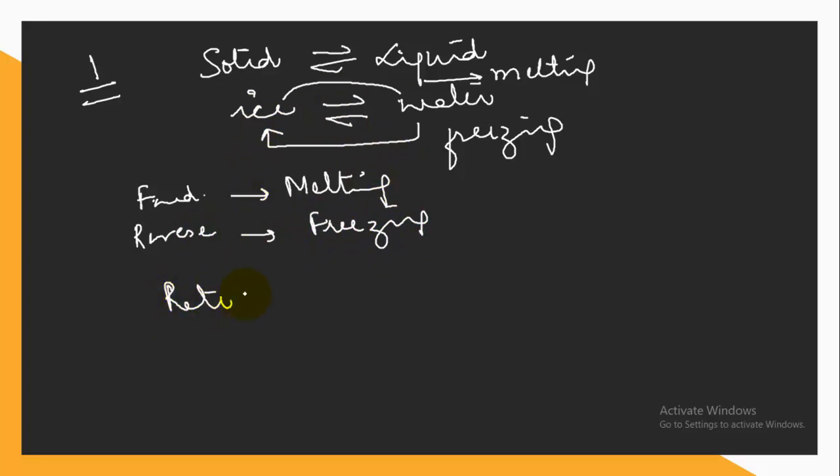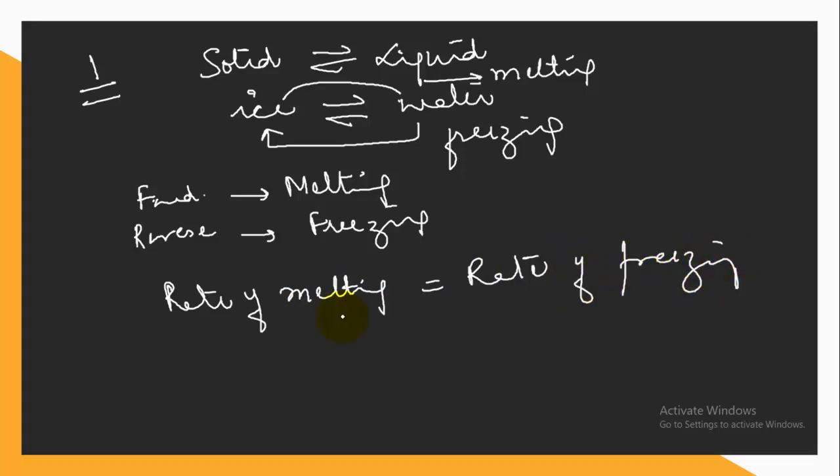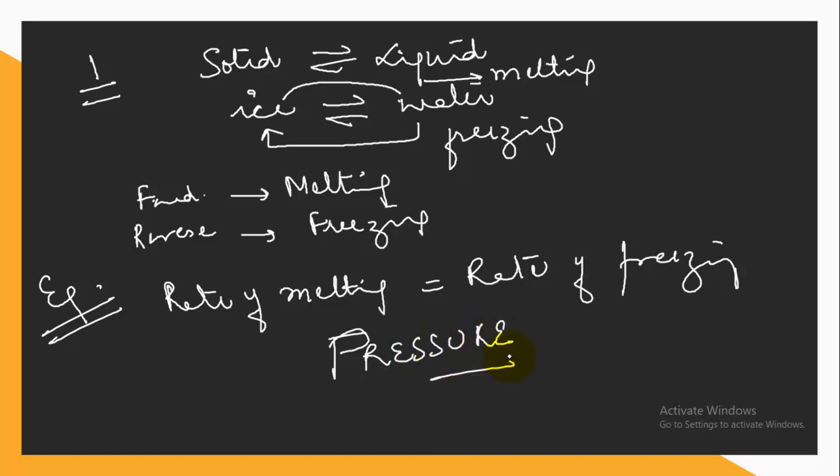The rate of the forward process, that is the rate of melting, becomes equal to the rate of freezing, and this occurs at the equilibrium point. Under this physical process, the state variable that becomes constant is pressure. So I think you got it.